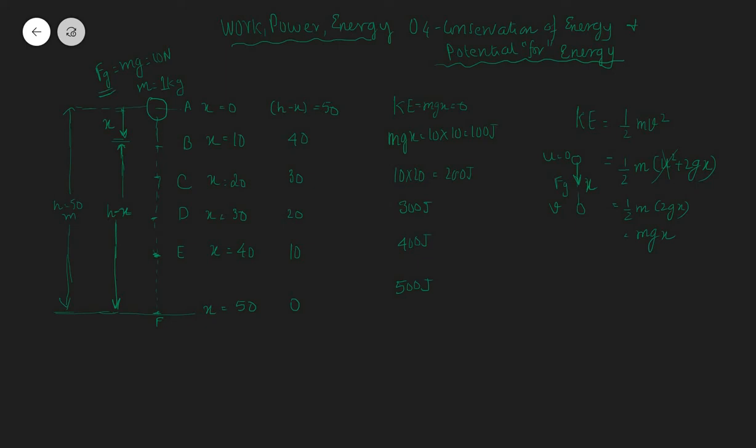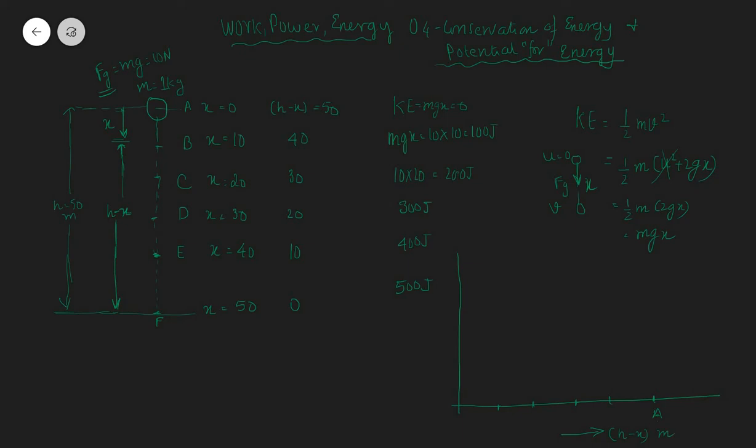So let's draw this in a graph of energy versus position: 20, 30, 40, and 50. This is A, and here we are denoting h minus x in meters.